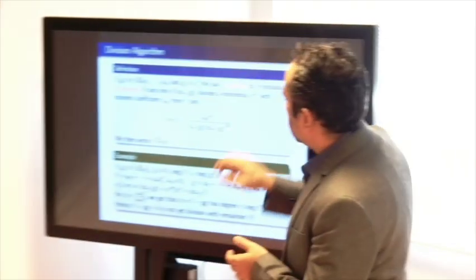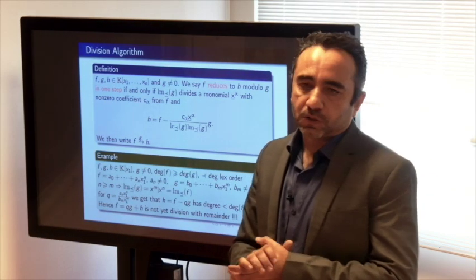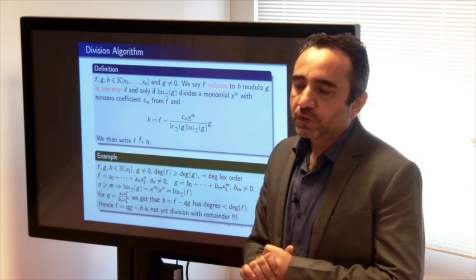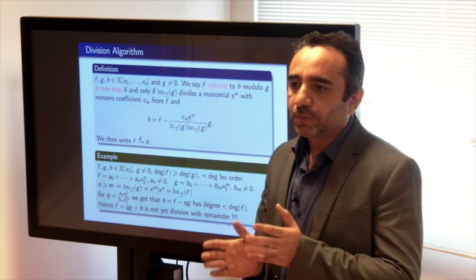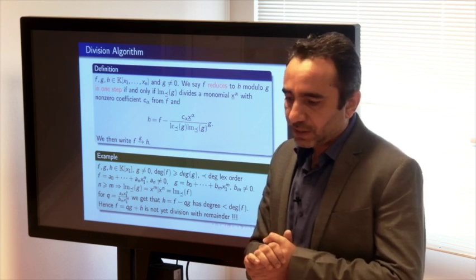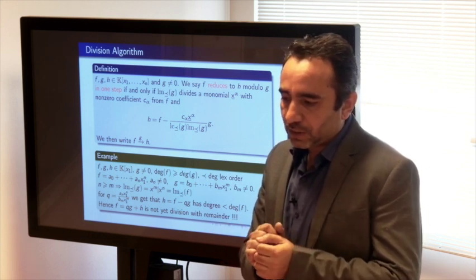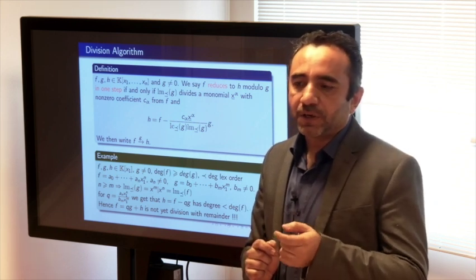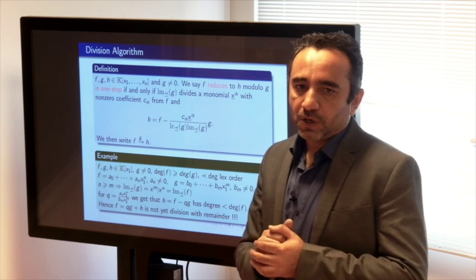the notion of reduce. You want to reduce a certain polynomial using another polynomial. It's like dividing two polynomials and, after division, getting the remainder; you can say the remainder is actually reduced.